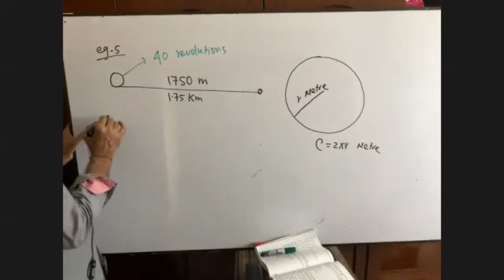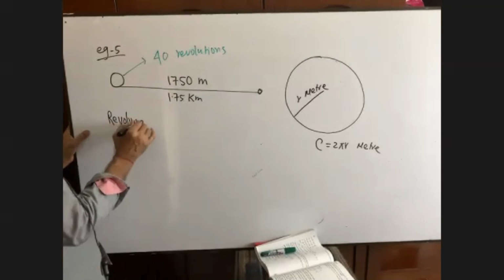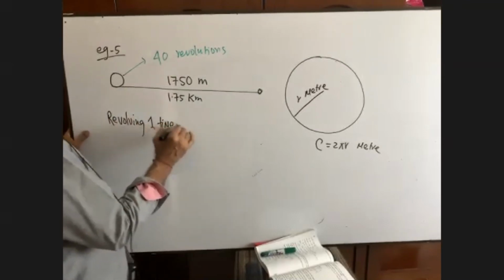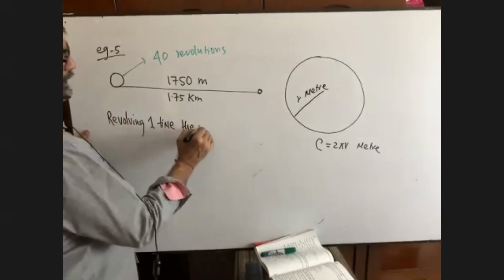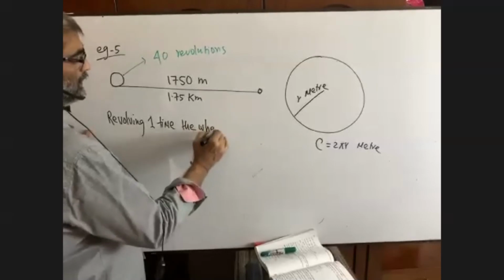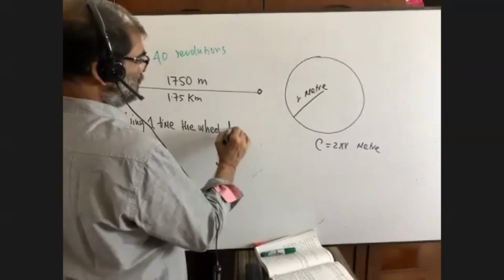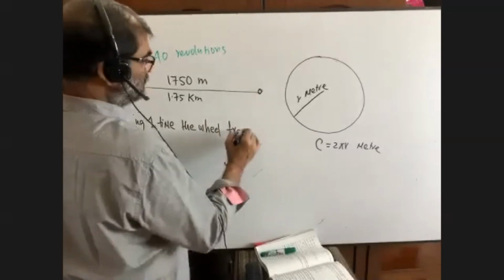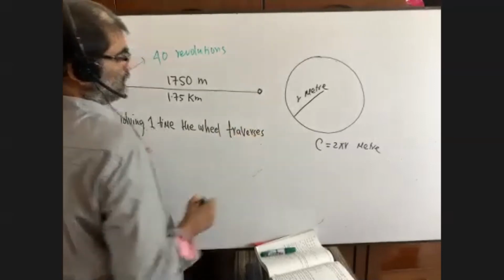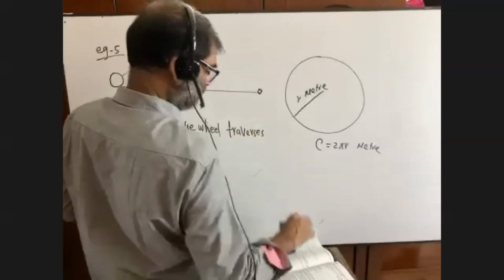Revolving one time, the wheel travels or traverses 2 pi R meter.